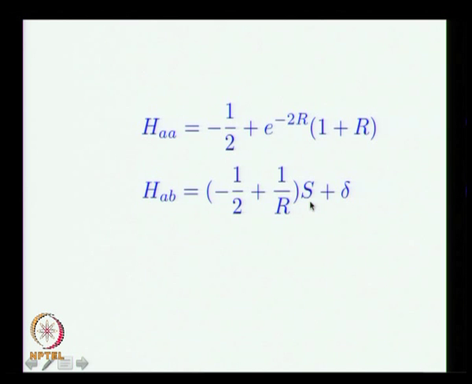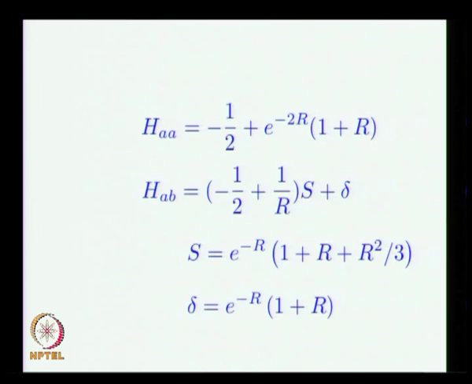The expression contains S and delta, which are defined in the slide. So, this is the expression for S. S is actually the overlap integral, and delta is defined by this expression. Okay. So, I have written these expressions just to demonstrate to you that it is possible to evaluate HAA and HAB and express them as functions of internuclear distance.